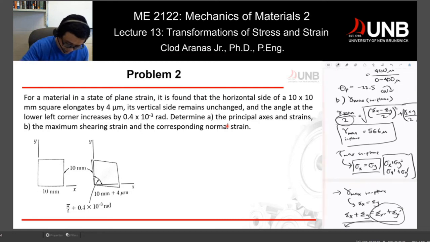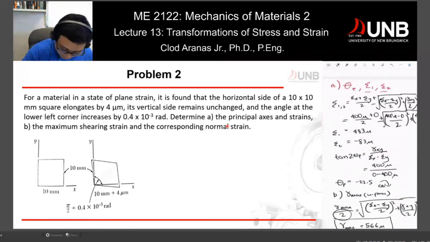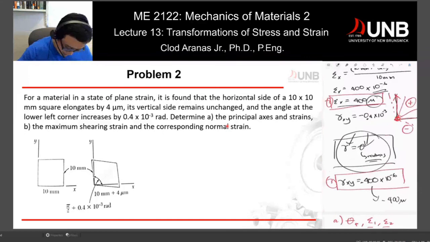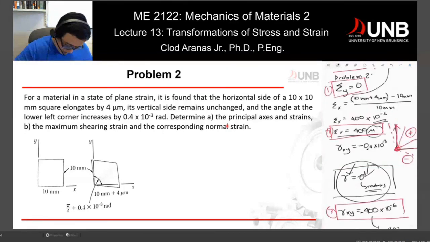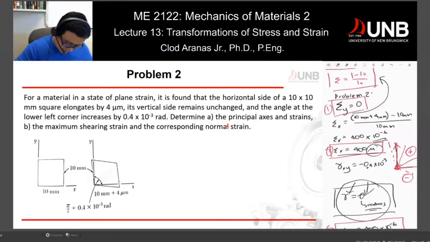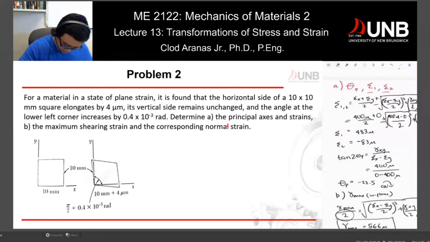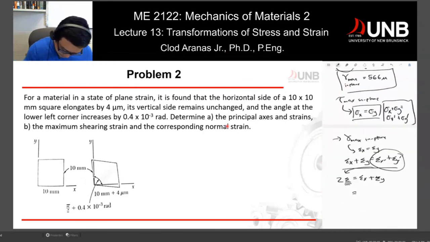We know that my epsilon x right here is, I think I didn't calculate it in my paper, but I should. So my y is 0, my x would be 400. So this is 400 plus 0, twice the normal strain. And that would be my normal strain at that point.